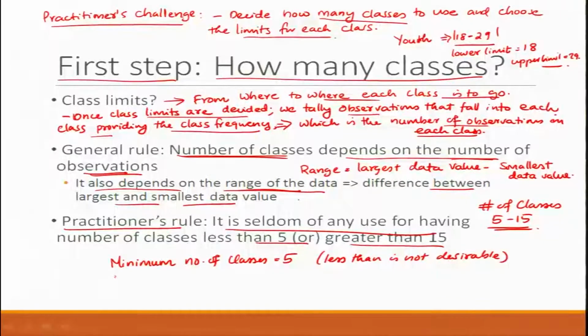Similarly, the maximum number of classes equals 15; more than this is not advisable. So, as a practitioner, you decide the number of classes between 5 and 15. If it is less than 5, you are grouping too many things and you are losing a lot of information. If it is greater than 15, then you are not able to identify appropriate patterns.